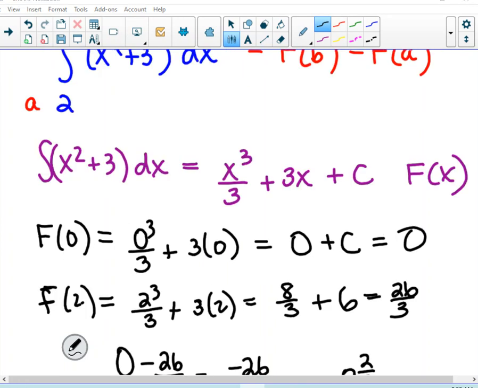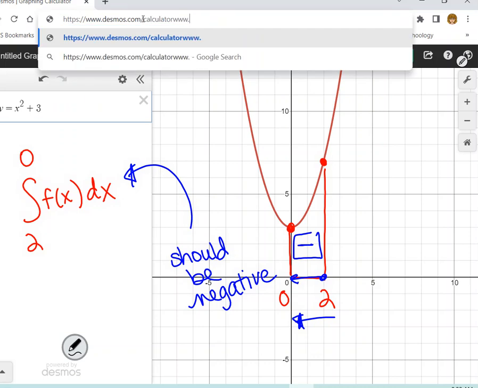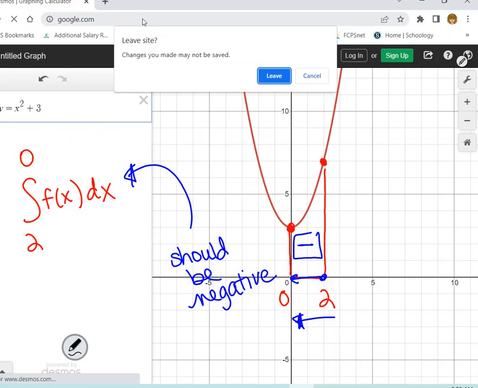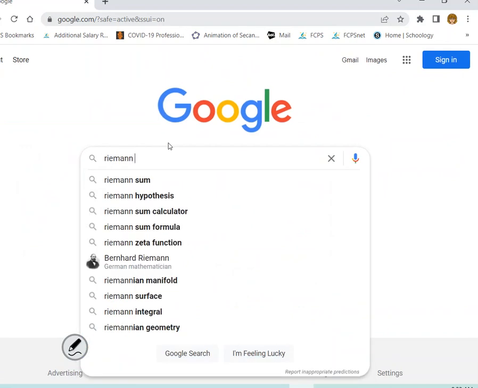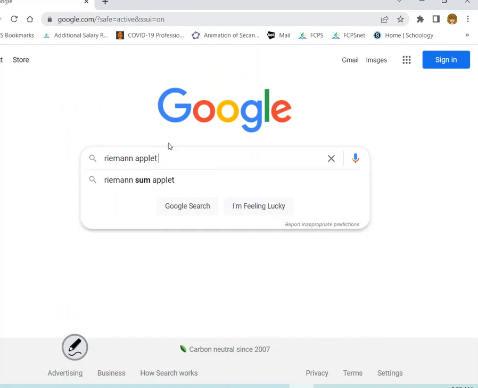Maybe I'll look and see, will that applet do it? Find that applet. I can't do this one myself with geometry. I mean, I could. I just have to do a lot of calculations. Let's do, not Rihanna, applet.